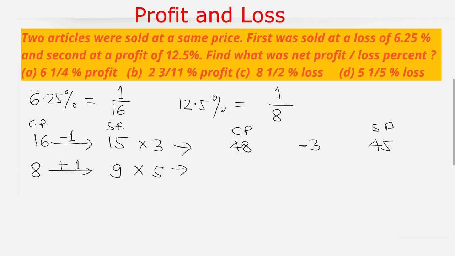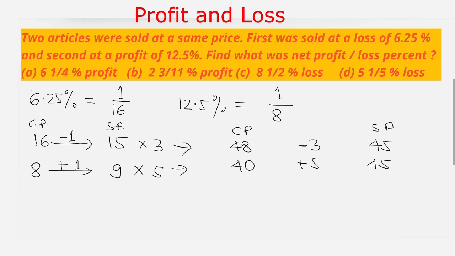The next one, 8 multiplied by 5 is 40, that is cost price is 40, and +1 multiplied by 5 is +5, and 9 multiplied by 5 is 45. Thus, by making the SP of the two articles equal to 45, one has the cost price 48 and the other has the cost price 40.